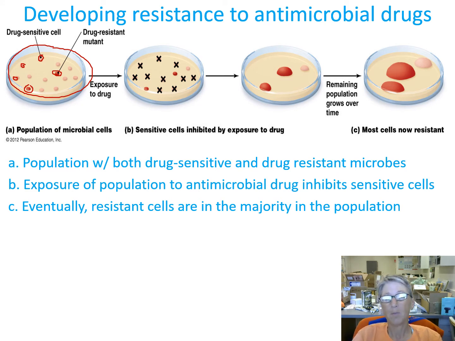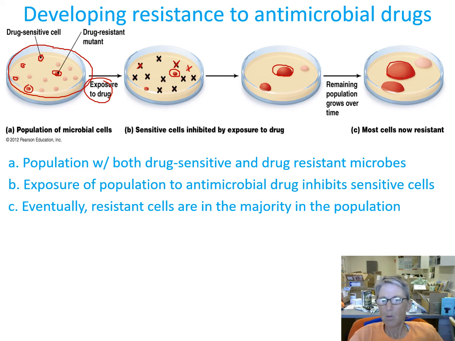Then you expose the plate and the colonies to the drug, and look what happens. All the drug-sensitive cell colonies are killed. I don't know why they didn't kill that one, but anyway, the drug-resistant colonies survive, and then they grow these huge colonies over time.